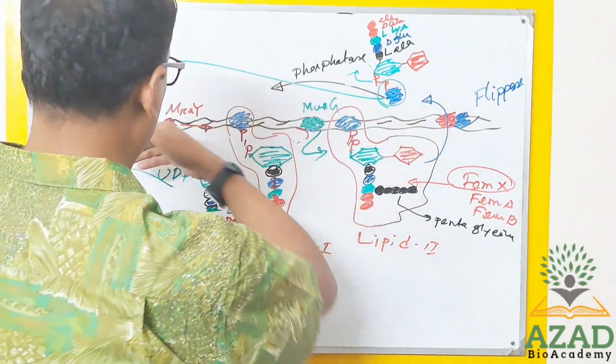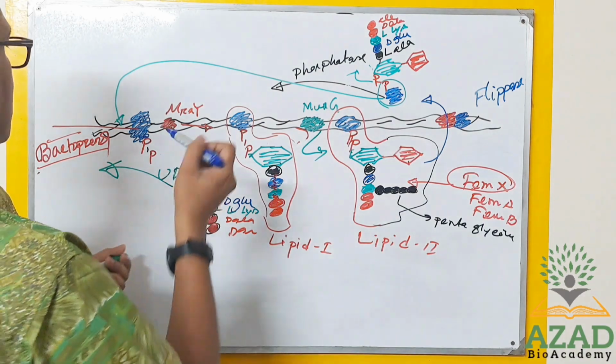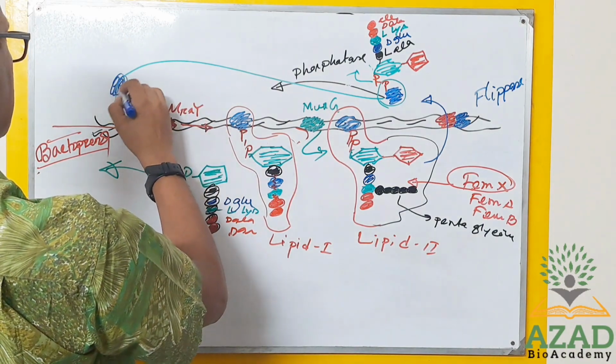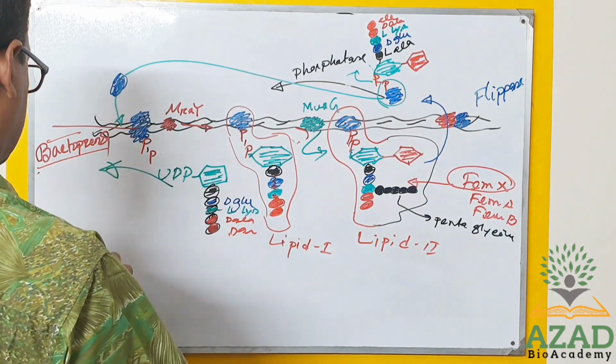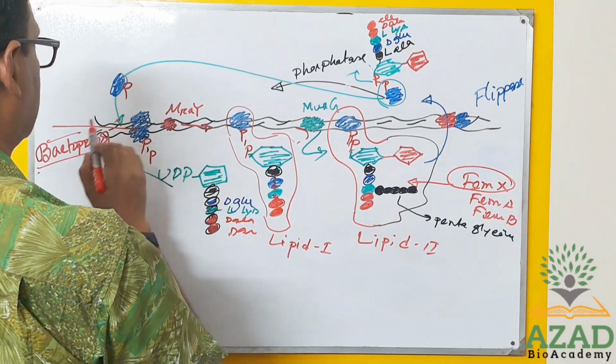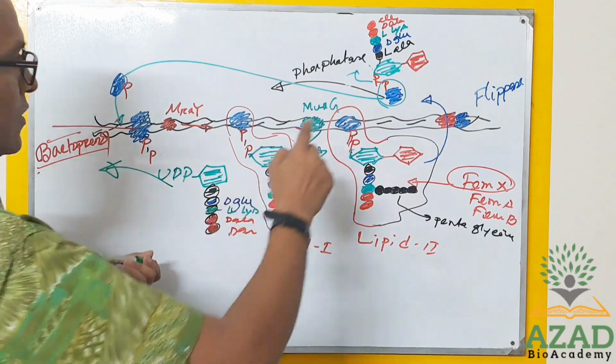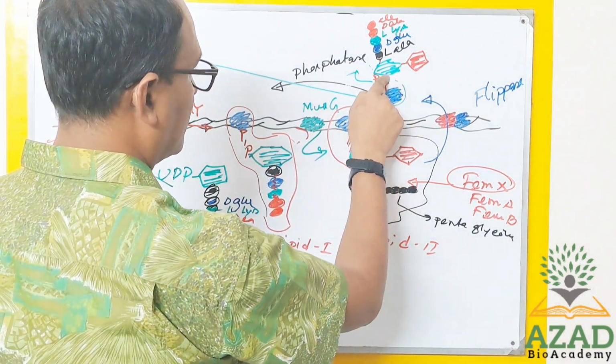So here you can now draw the bactoprenol carrying a single phosphate, and then it will attach here again. Okay, so you can omit this phosphate here.